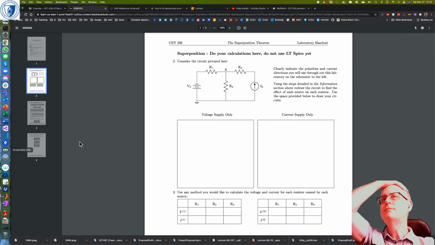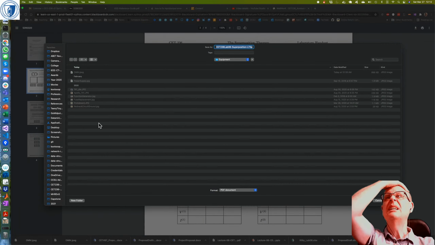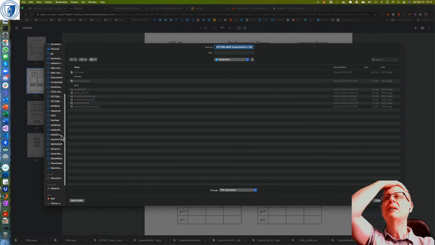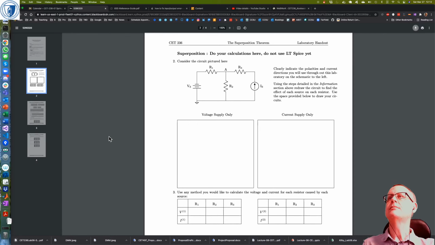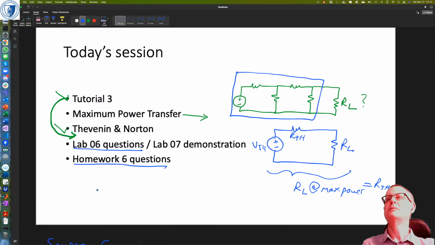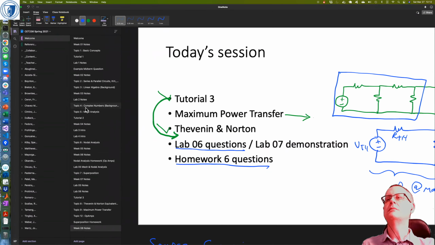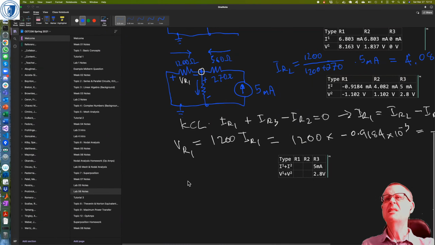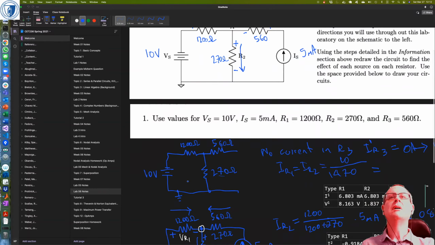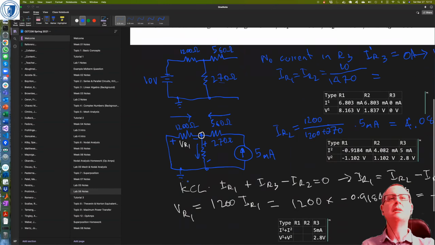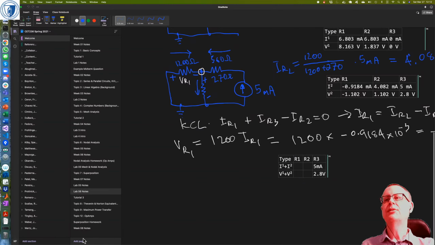Which one is this? This is lab 6. Let's just download that into my downloads folder. Did I do a lab 6 notes? I sort of did. Let's just do another one.